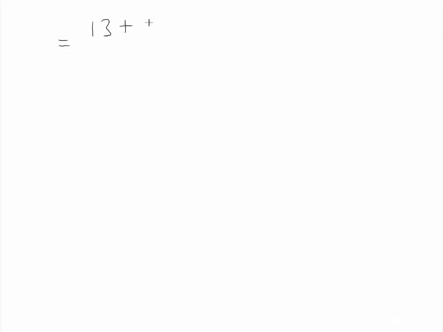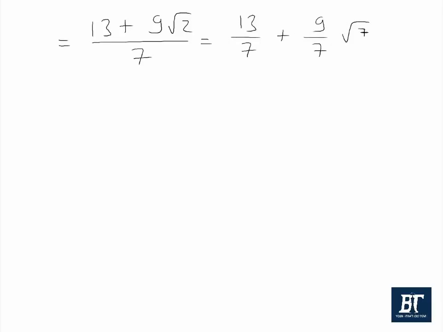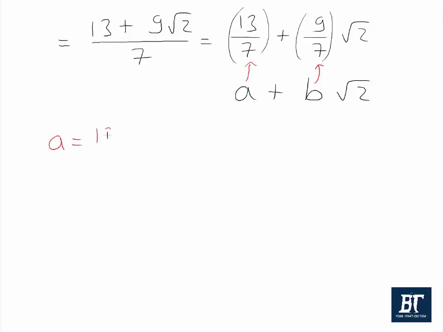So we can write this 13 plus 9 root 2 divided by 7 as 13 by 7 plus 9 by 7 into root 2, so that we can get this in the form of a plus b root 2. So here a becomes this and b becomes this. So finally a equals 13 by 7 and b equals 9 by 7.